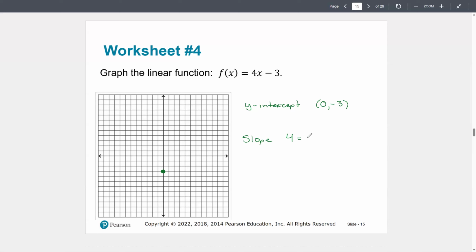My slope is 4, so we can rewrite that as 4 over 1. So my rise is 4, but my run is 1. So in this case, we go over 1, up 1, 2, 3, 4.